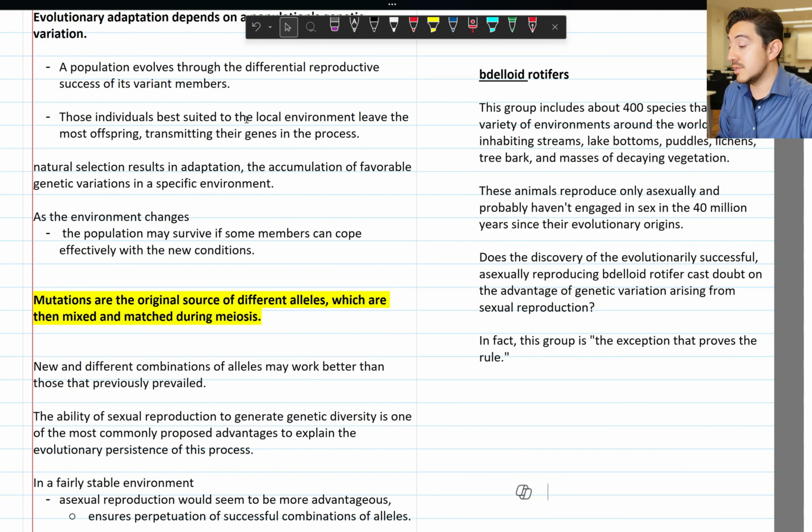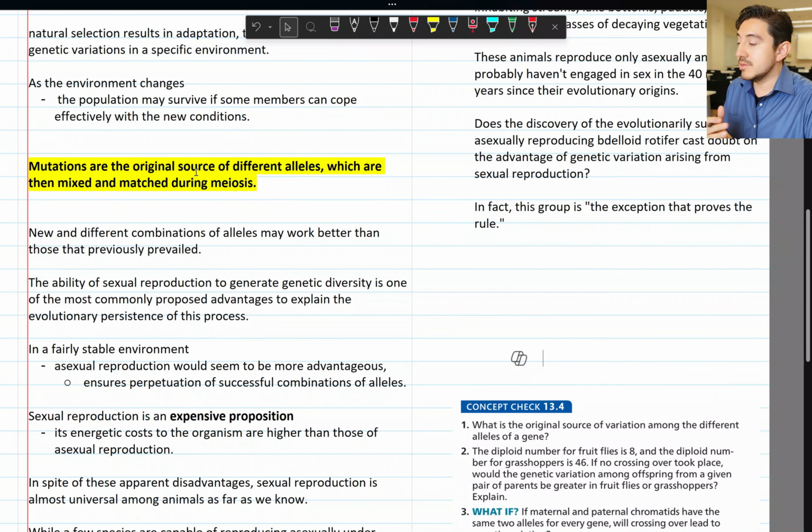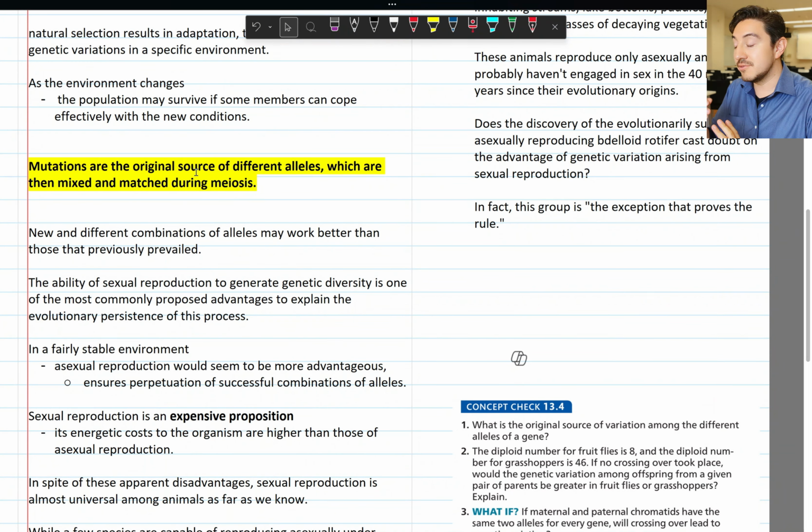We're going to see this later on also. But this depends on the environment. And if the environment changes, maybe those organisms that have been lucky in reproducing, if the environment changed so much, maybe they're not the ones that have the best traits anymore, right?